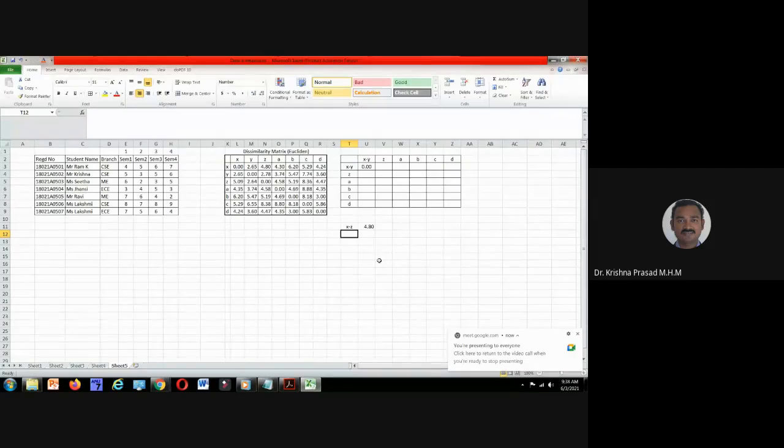X to z is 4.80. What about y to z? 2.78. Very good. Please concentrate. X to z is 4.8, y to z is 2.78.